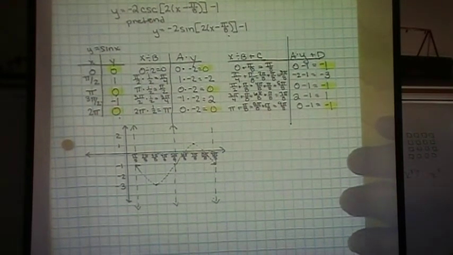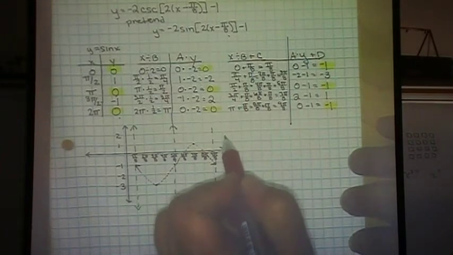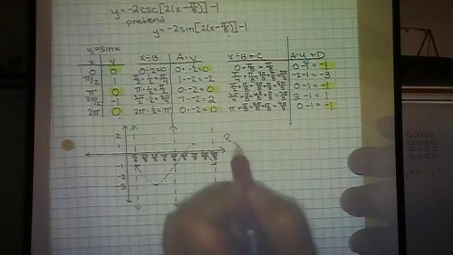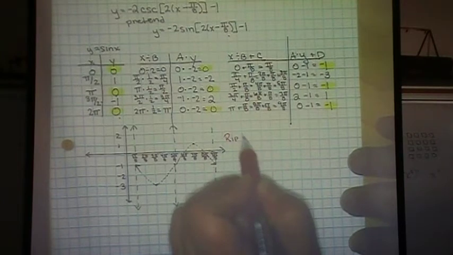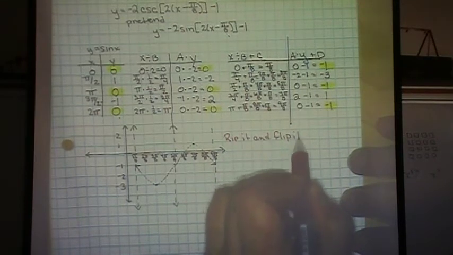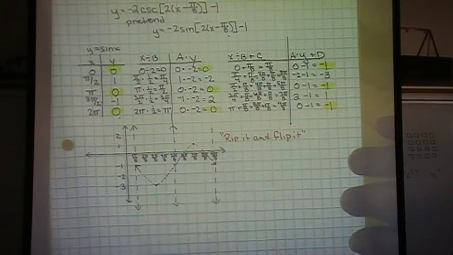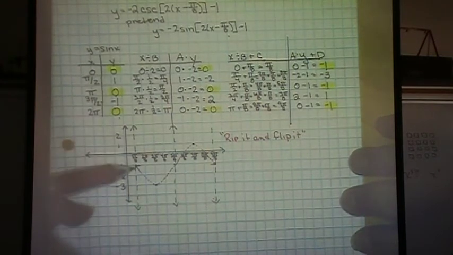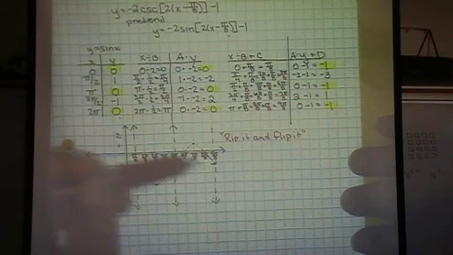Now here's what we're going to do. We are going to rip it, well, we have already ripped it, and we're going to flip it. So these rips are where the zeros were. We've just broken this graph into two separate graphs.